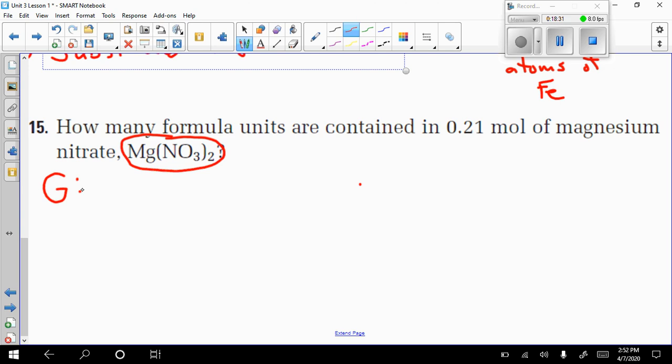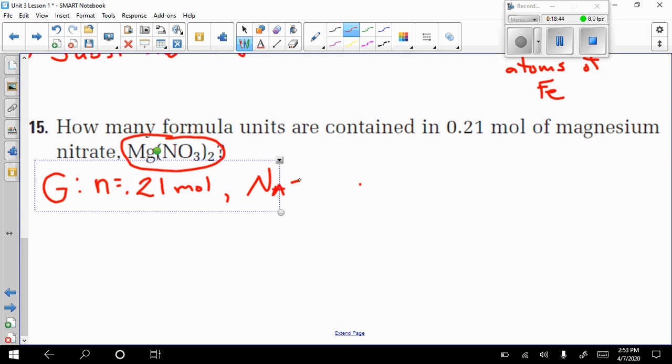I'm going to do my given, and I'm given that number, 0.21 mole, and I know that that's a little n, okay? I also know that I've been given Avogadro's number. I've always got that, 6.02 times 10 to the 23. And required, it says how many formula units, so it's looking for the number of particles.